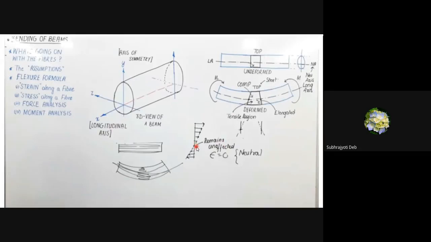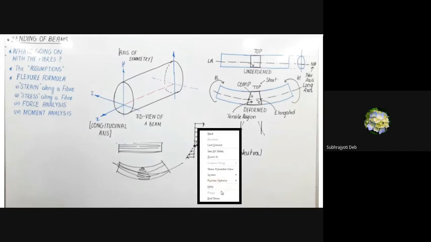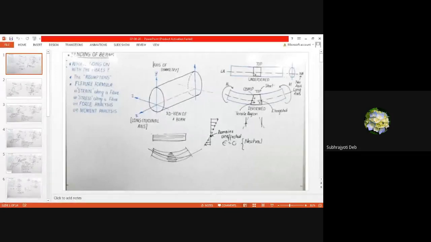If you take a point here, in the upper part, the points will go in this way. Okay, so this point is known as the neutral point, because at this point no deformation has occurred.